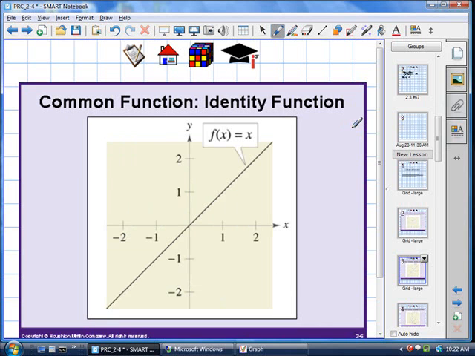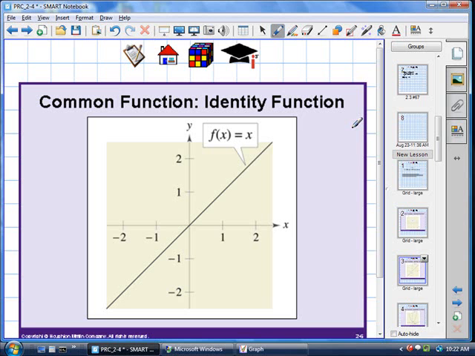Then here's the lazy man's function. This says I'm just going to give you back whatever you give me. Remember, I made that crazy drawing that it was just a greased thing, and whatever went in on top just came flying out the bottom. That's basically what this one is. You give me a 2, you're getting a 2. You give me a negative 1.8, you're getting a negative 1.8.